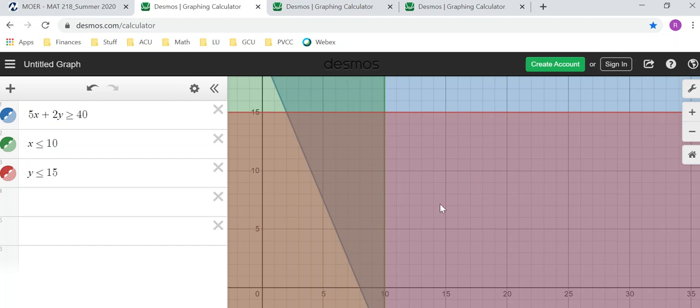The second step is to find the coordinates of the corners. So remember, the feasible region represents the solutions. Any x and y ordered pair in the feasible region will satisfy all of the constraints, including the non-negativity constraints.